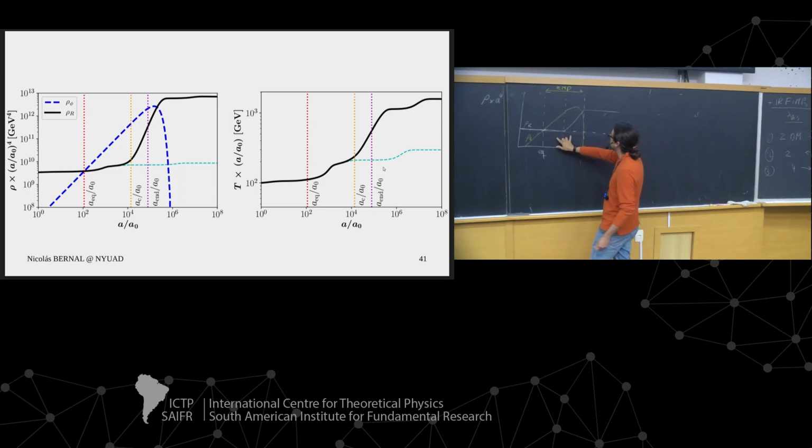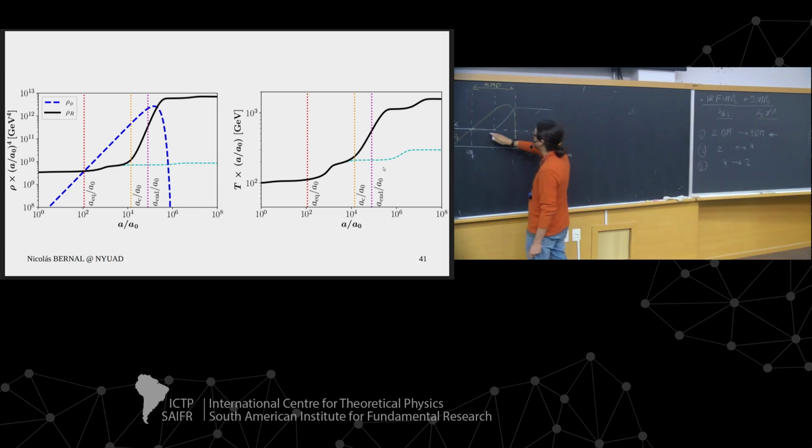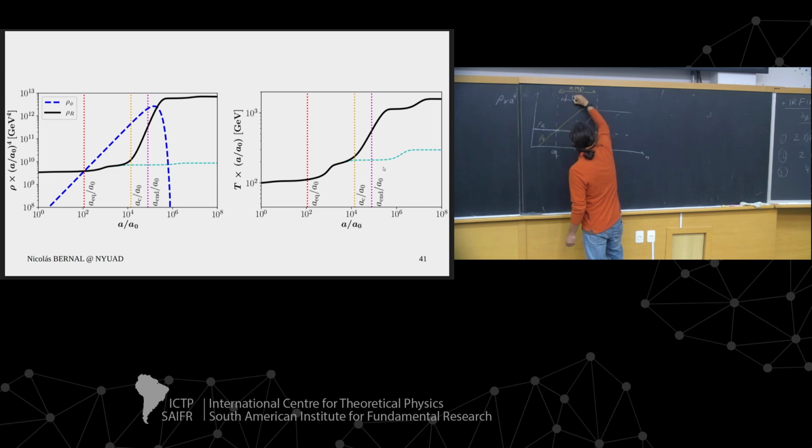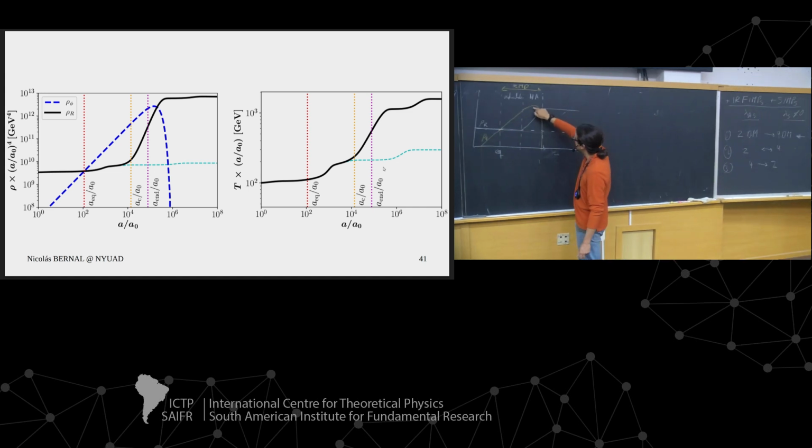However, there are two interesting regions. We have one adiabatic region where the energy density is dominated by phi, but it's effectively not decaying, not a sizable decay, so the radiation has no source. So this is adiabatic, and this is non-adiabatic. When phi really is decaying, it's injecting entropy into radiation.